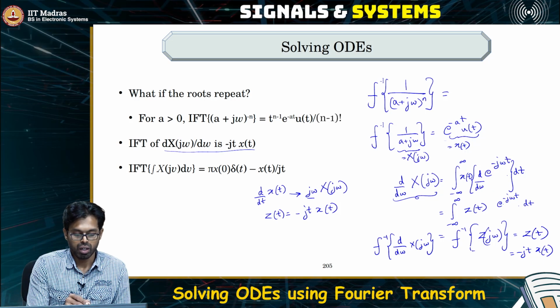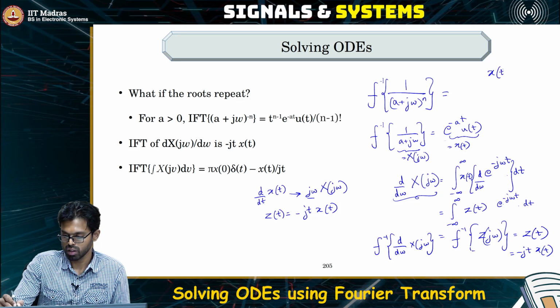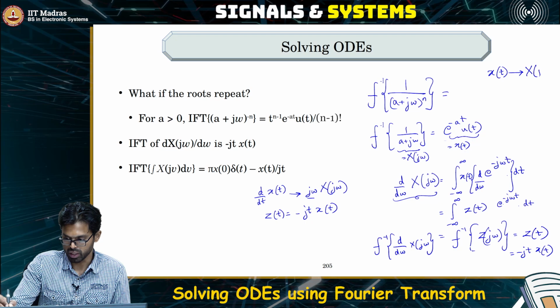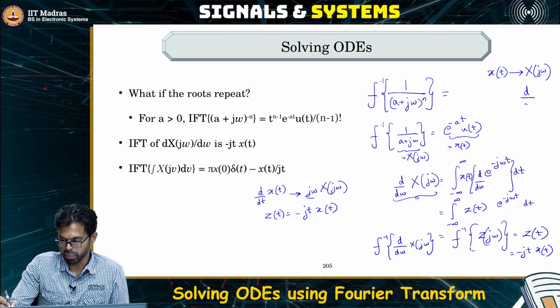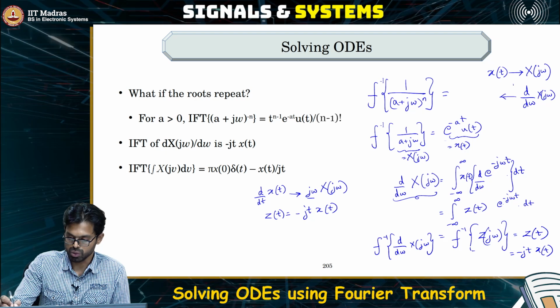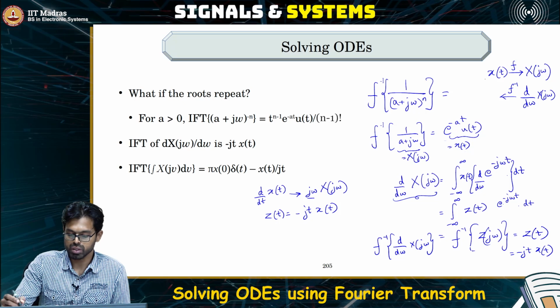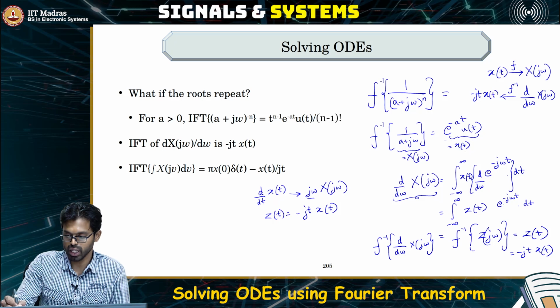So if we have x of t producing X of j omega, then the derivative of the spectrum would have an inverse Fourier transform, which is given by minus jt x of t in the time domain.